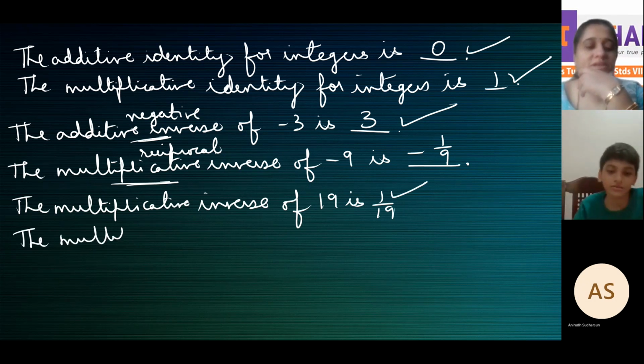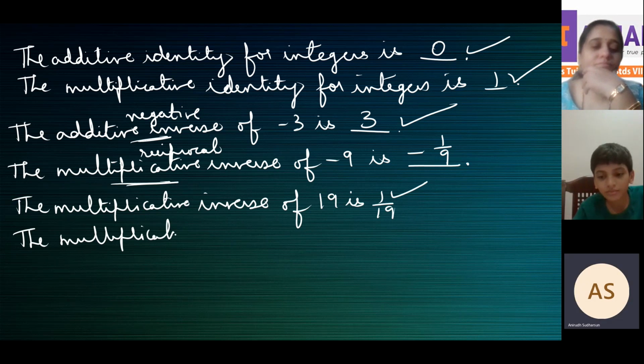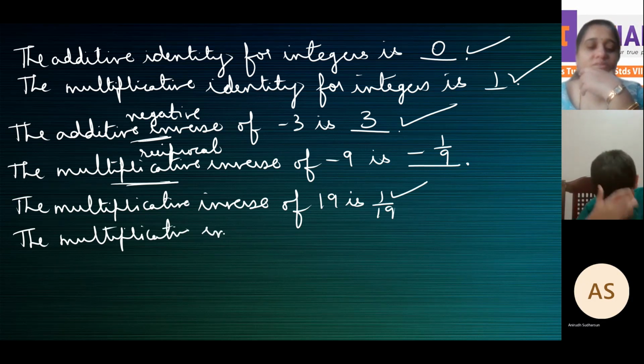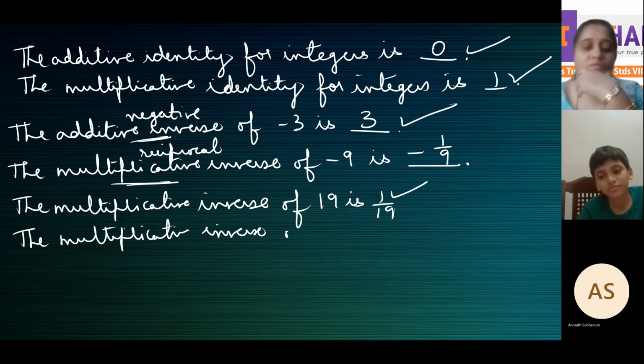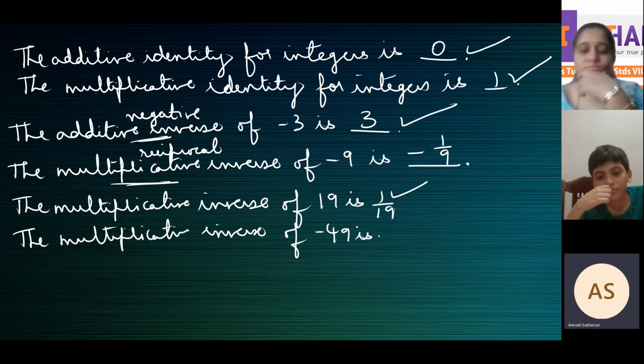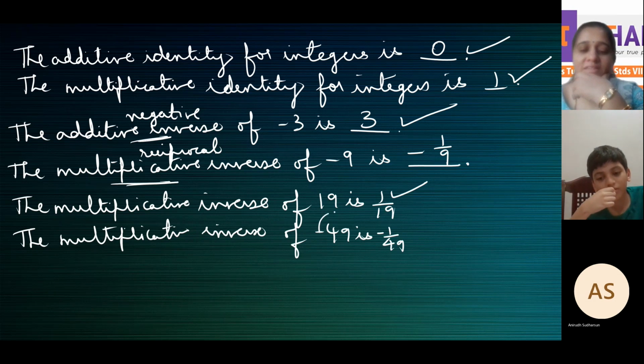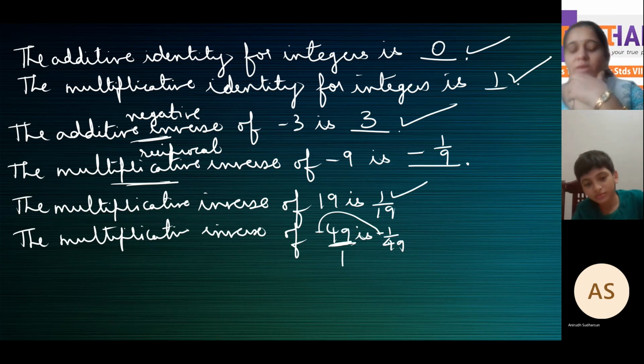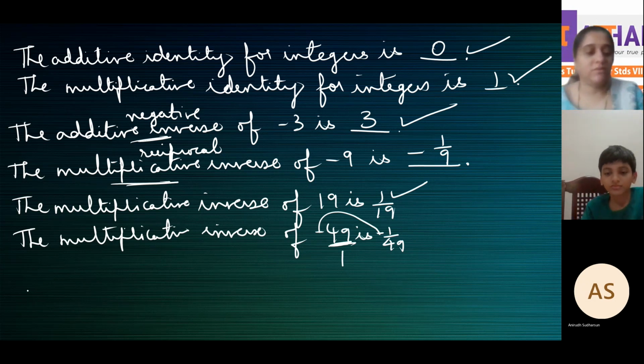Anirudh, the multiplicative inverse of -49 is -1/49. You must write the sign as it is. You must change the number. 49/1 becomes 1/49.